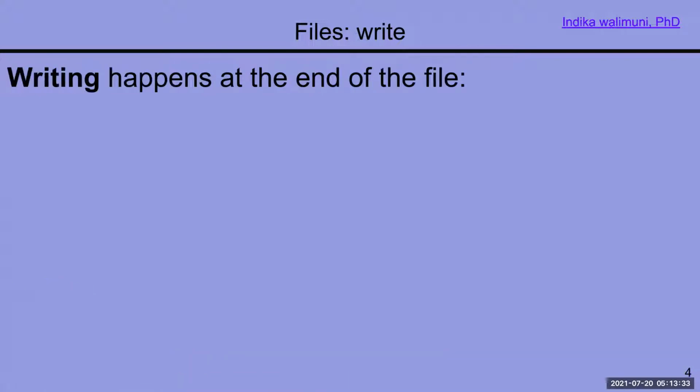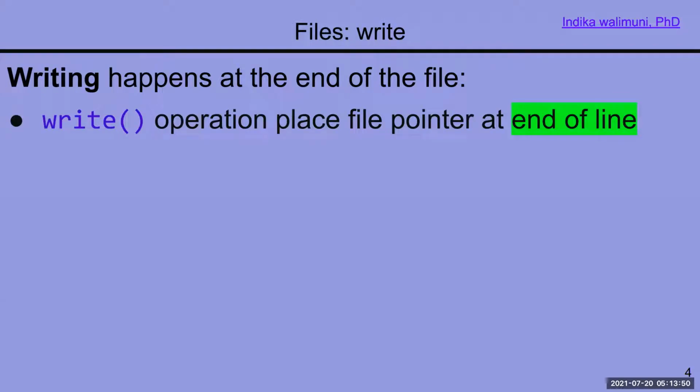Writing happens at the end of the file. No matter where you are in the file currently, writing is going to happen at the end of the file, and we'll prove this later. The write operation places the file pointer at the end of the file. Once you write something, the pointer is sitting at the end of that line.